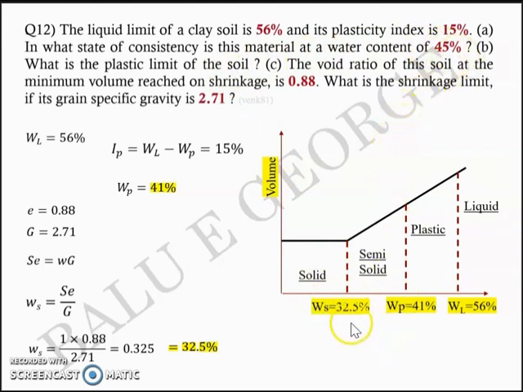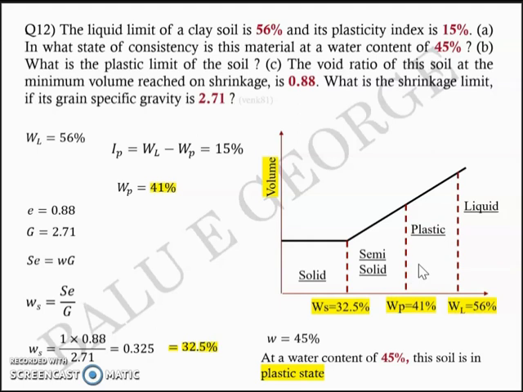You have shrinkage limit 32.5%, plastic limit 41%, and liquid limit 56%. So 45% falls somewhere in between 41 and 56. So of course you have the soil in a plastic state somewhere in this region.